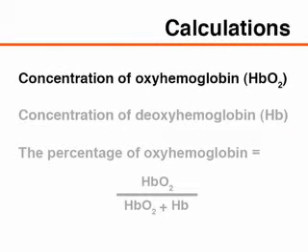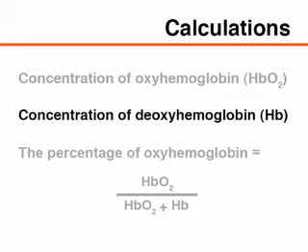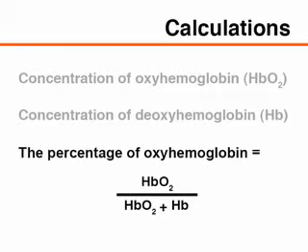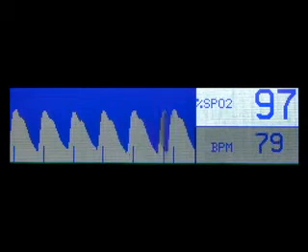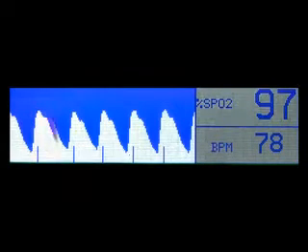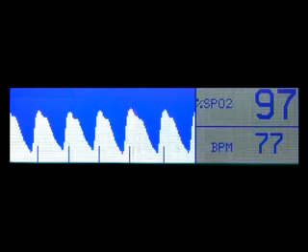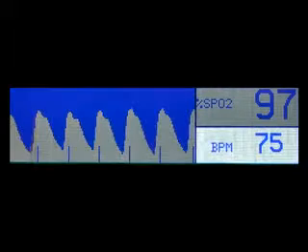Using this information, the microprocessor determines the concentration of oxyhemoglobin and deoxyhemoglobin, respectively. It then calculates the percentage of oxyhemoglobin and displays the hemoglobin-oxygen saturation in arterial blood, a waveform corresponding to the pulsatile flow in arterial vessels, and the heart rate.